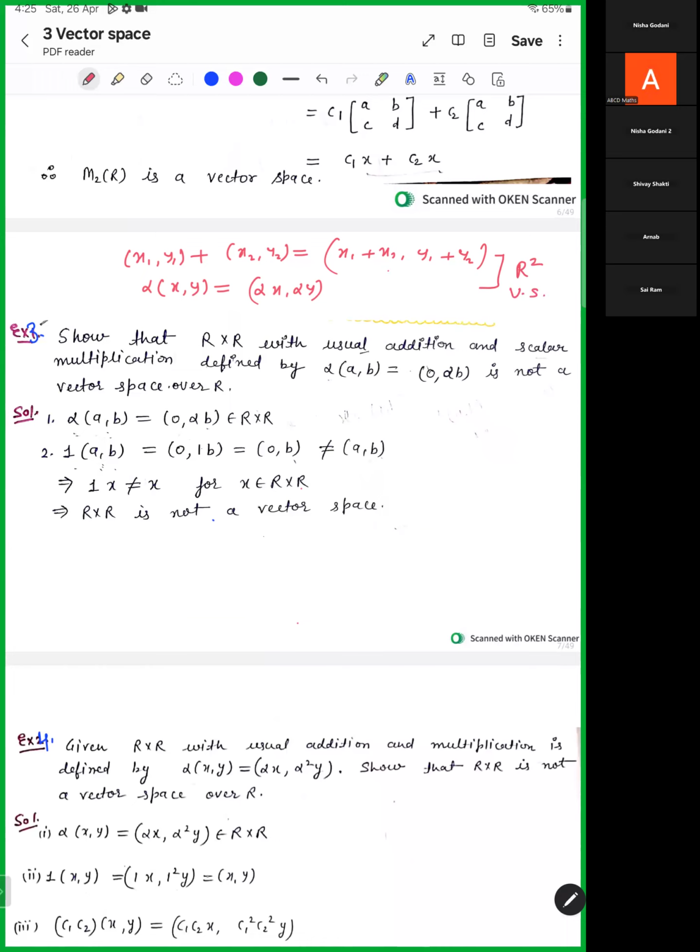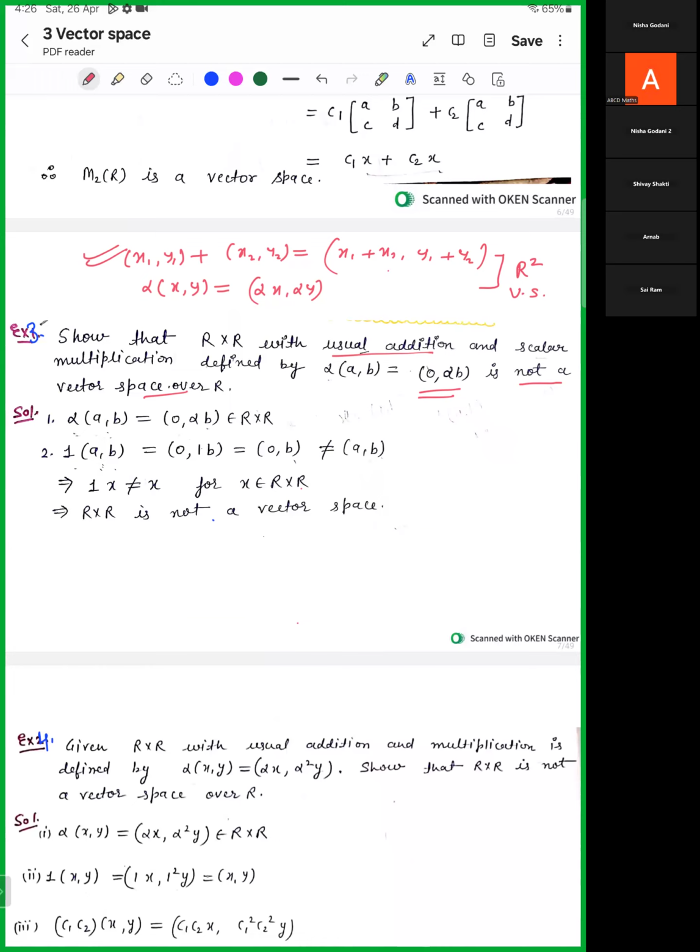In example 3, here the addition is usual, this one same, but scalar multiplication is changed. Now it is defined as alpha times a, b equal to 0, alpha b. Okay, and you have to check that it is not a vector space. So addition is same usual, and the scalar multiplication is changed.